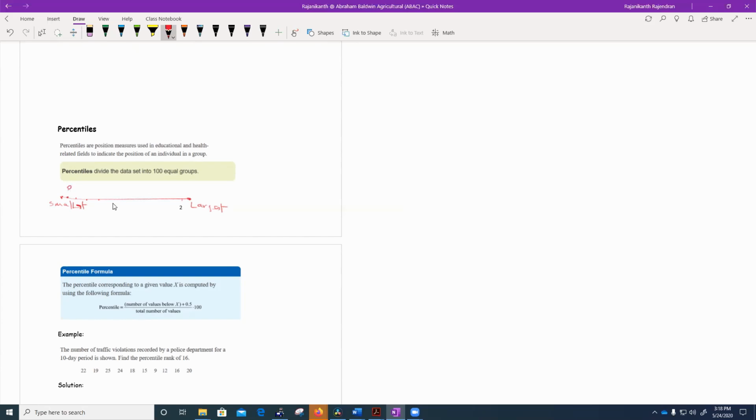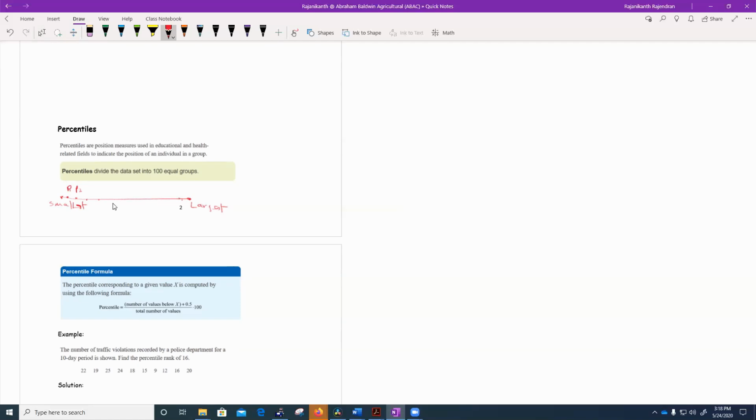P1. That means this position of the data set is my first percentile. Okay, so now this is my second percentile. This data value is going to be my second percentile. And so on, I'm dividing up to 100 pieces, right?